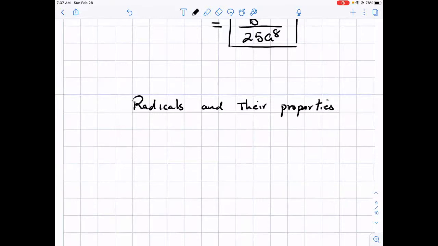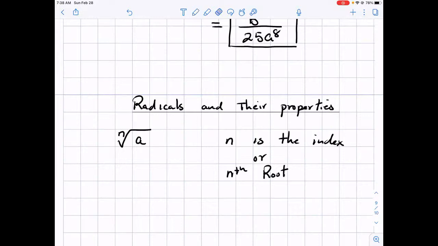Okay, so we did this before in a video, and if you recall, the nth root of a, okay, so n is the index, or the nth root, this is the nth, like n to the th power, the nth root.